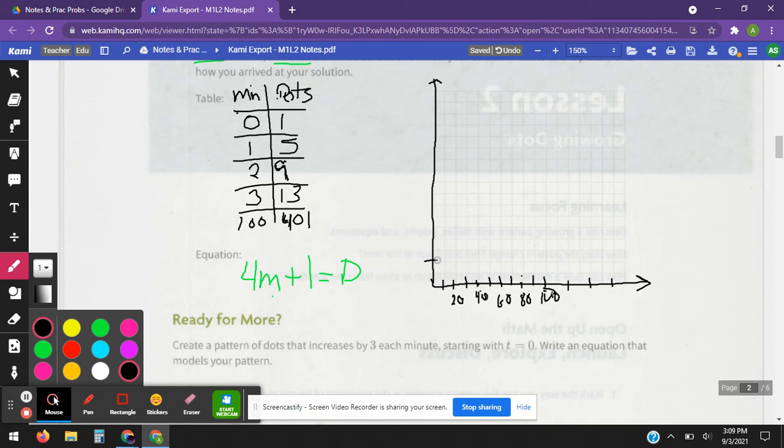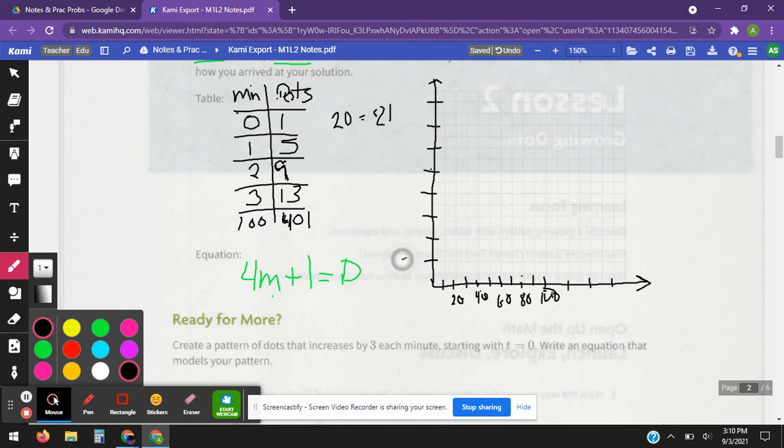So let's see what I have to go by over here to be able to do this. So at 20, let's go ahead and do this. 20 times 4 is 80, so that's 81. And then I need to get to 401. So let's count by 20, 40, 60, 80, 100.